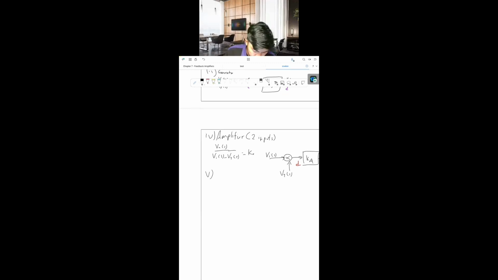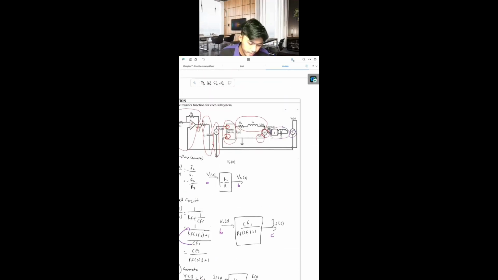For the armature circuit here, we've got R_A and L_A and also the V back, which we have to subtract at the denominator.